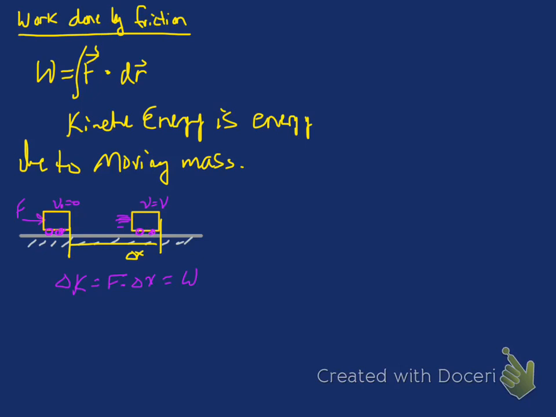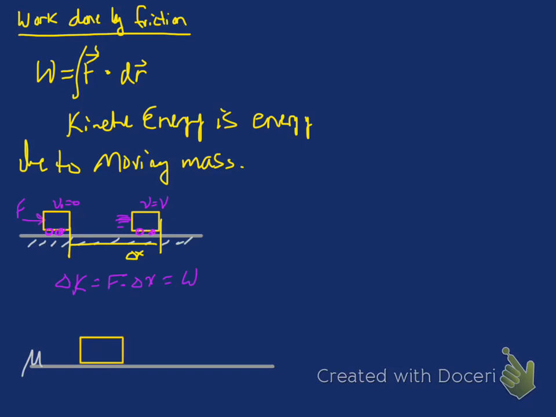Well, what if we put our crate on a surface that has friction? So let's take our crate, and instead of it being on wheels, now it is actually touching the surface.